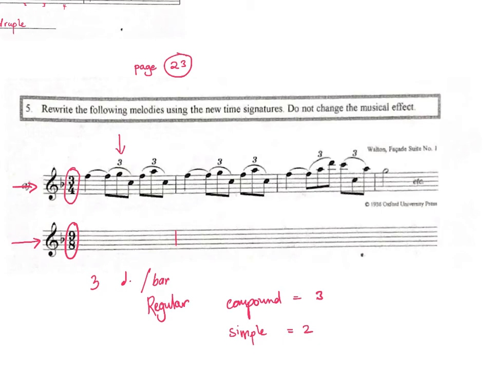So if I just draw my bar lines in, which I sometimes like to do so that I can keep things running parallel with one another, I have a look and I see what looks irregular there is going to look very, very regular down here.